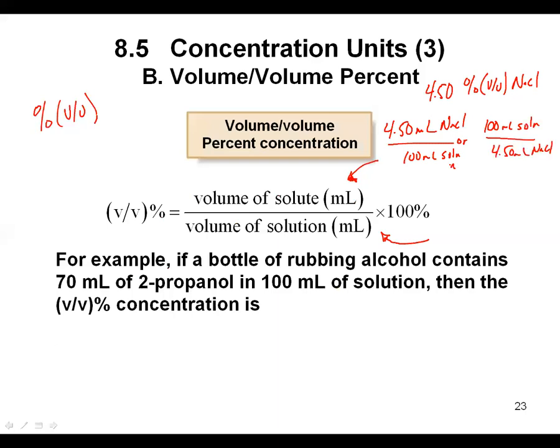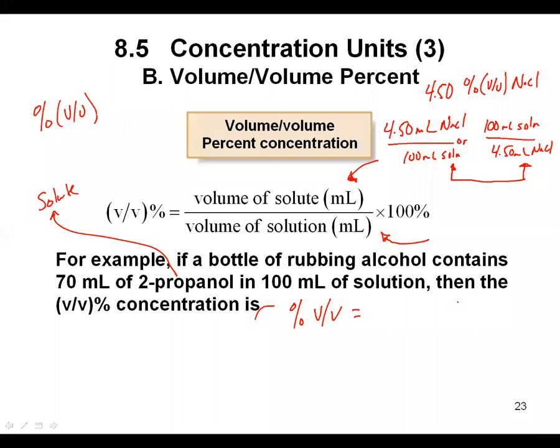So again, doing conversions and dimensional analysis, you can use these percentages to figure it out. For example, if we had a bottle of rubbing alcohol, it contains 70 milliliters of 2-propanol, which is also known as isopropyl alcohol, in 100 milliliters of solution. If we were to calculate the percent volume to volume, again, we want the volume of our solute, which is our 2-propanol. So that would be 70 milliliters.